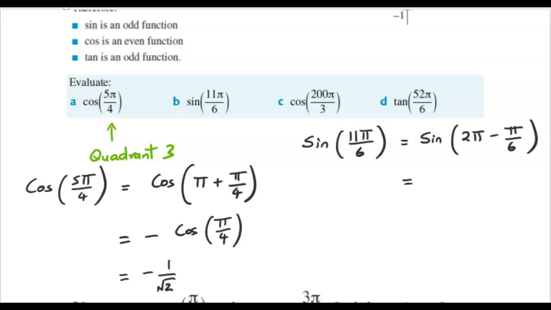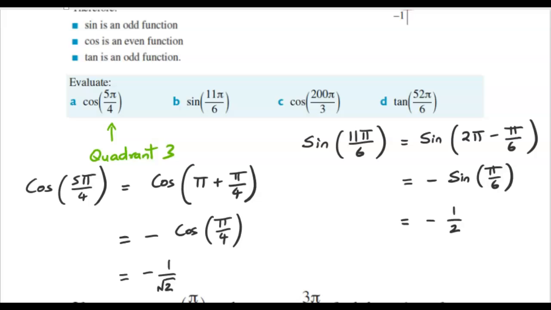And in the fourth quadrant, the only ratio that is positive is the cosine ratio. Therefore, the value of this sine angle is going to be a negative answer. So which means negative sine pi on 6, and negative sine pi on 6 is going to be equal to minus 1 over 2, because sine pi on 6 is 1 over 2. Right? Similarly, we can locate other values.